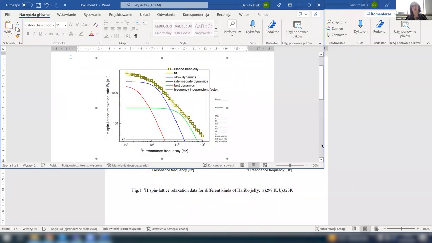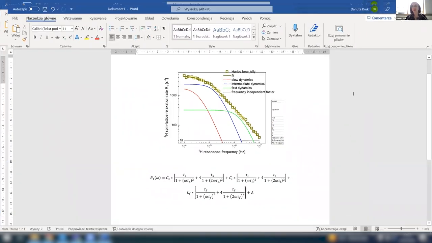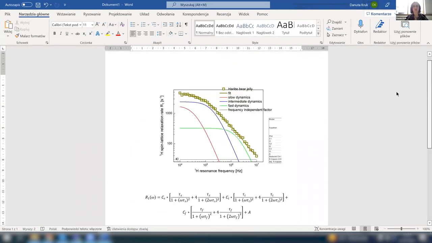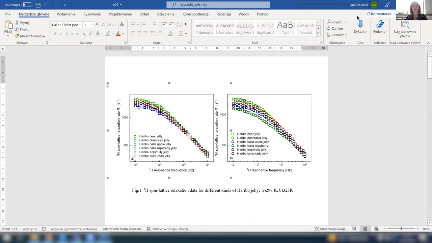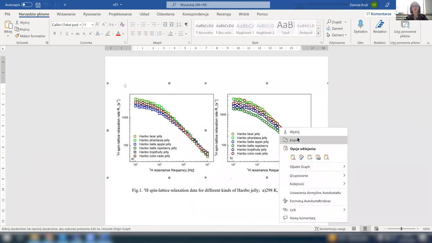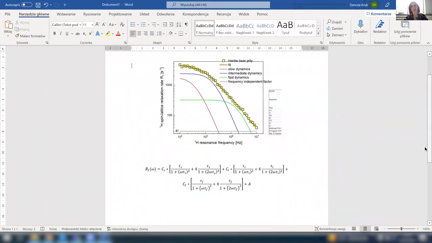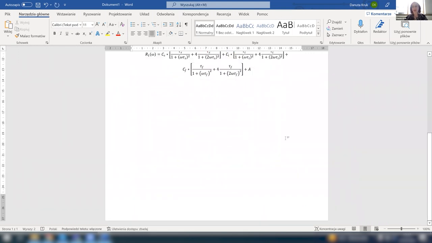So this is something what we have here. What happens if we take data at higher temperature? Actually, we first have to find the data. So this is this another Word file here. So let me copy this. Let me copy here, and we can try the same thing, but at higher temperature.